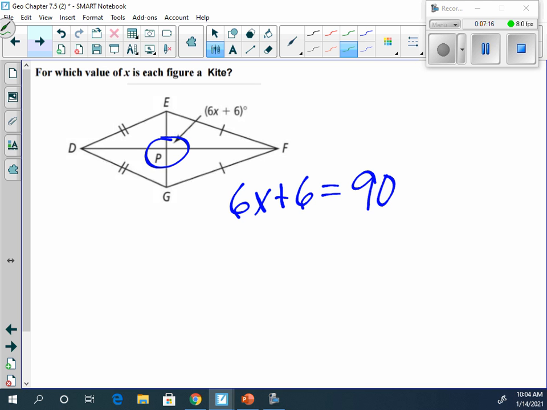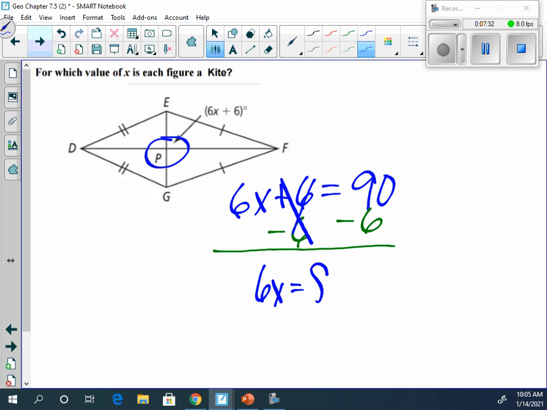So what can we do first? We can minus 6 from both sides. And when we minus 6 from both sides, well, these will cancel, leaving me with 6x is equal to 84.